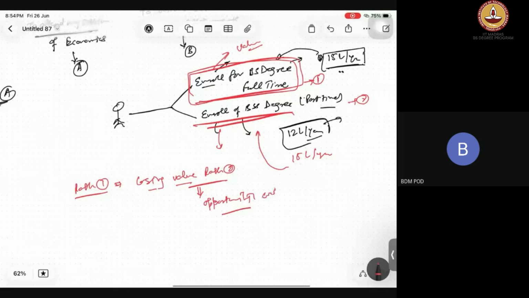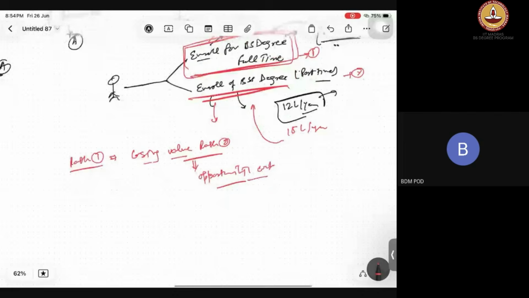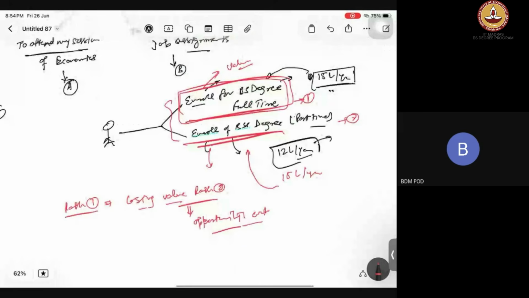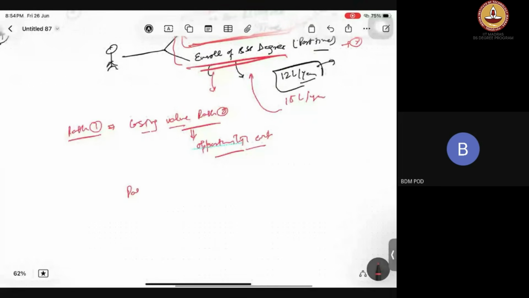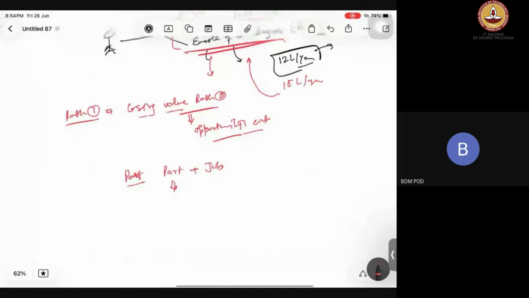Now somebody asked me about the sunk cost. I have explained it here, and I'll explain with one more example. When he is enrolled for a part-time degree plus a job, after a certain period of time, what happened? He thinks he will not be able to continue the BS degree program because his workload is too much, so he needs to quit.